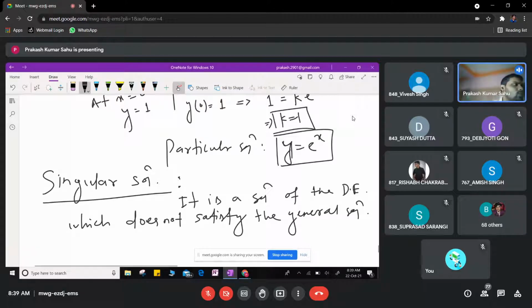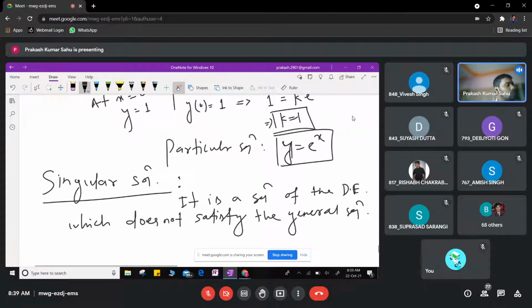And this type of singular solution is generally obtained from the nonlinear equation. In the nonlinear equation, this type of solution generally occurs. Suppose you can see one example of a singular solution.